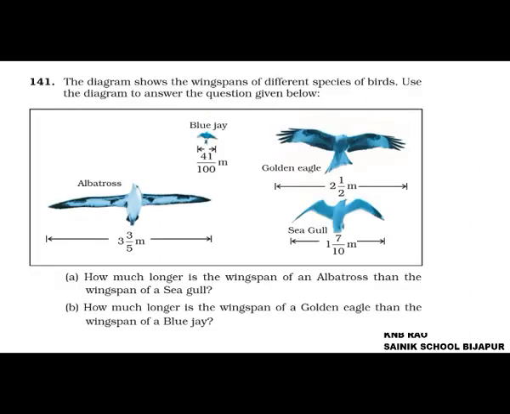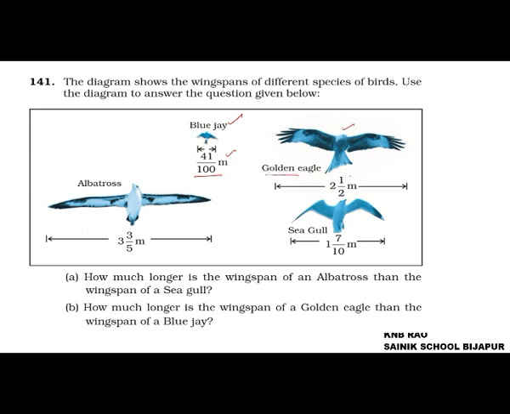See, children, in this question 141, you are given a figure or a diagram or a picture containing 4 different birds. One, blue jay. Its wingspan is given in meters. Another, eagle or golden eagle.